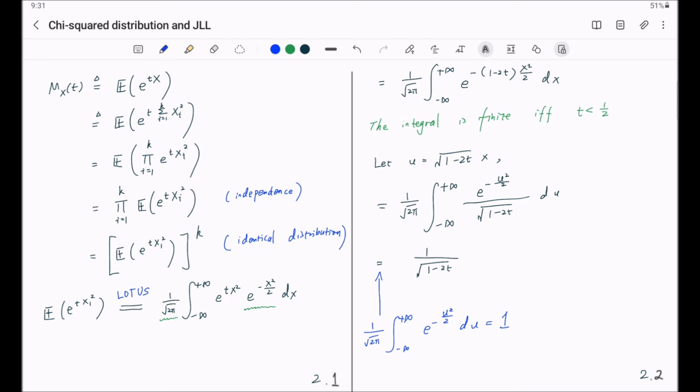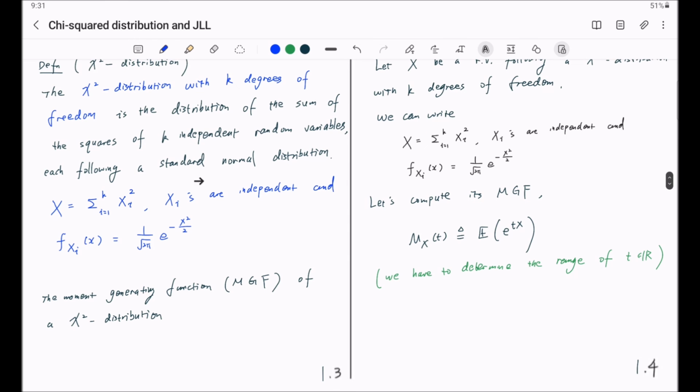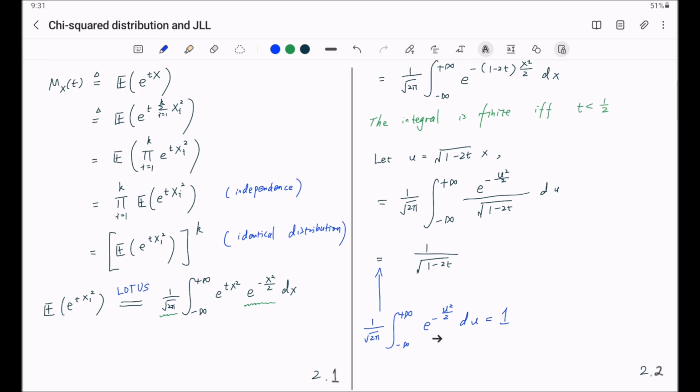Why? If you're lazy, you can just say because this is the probability density function of the standard normal distribution. So if you integrate over the whole real line, you get 1, the probability of the whole space.